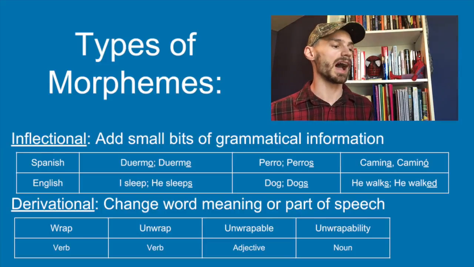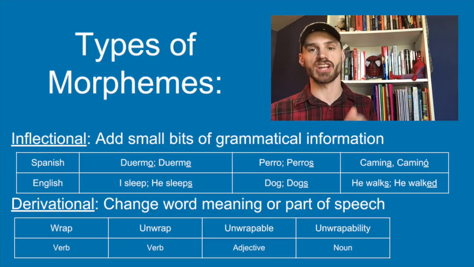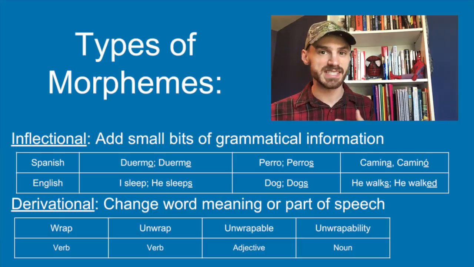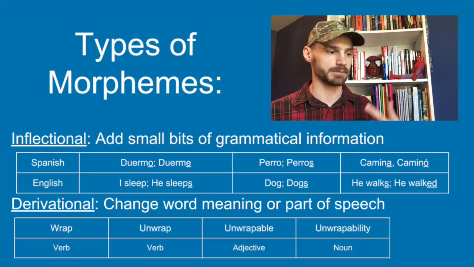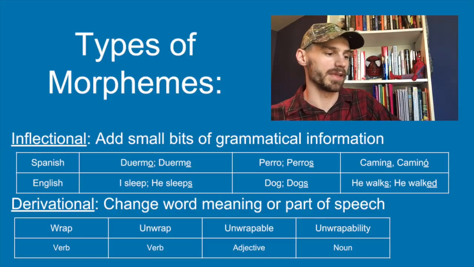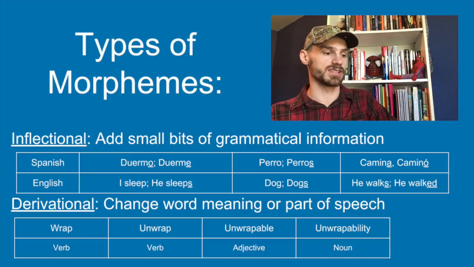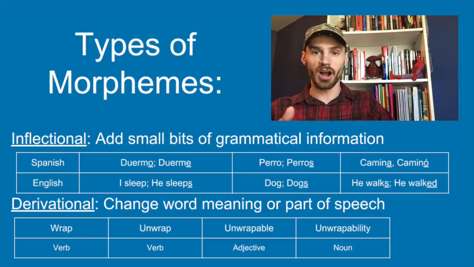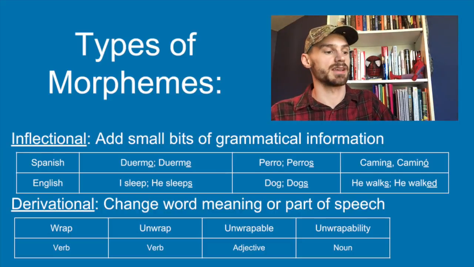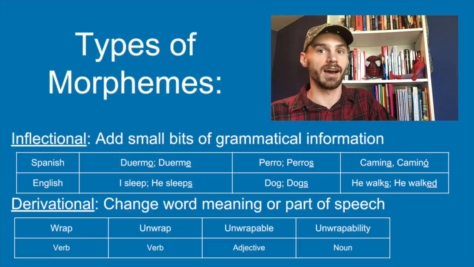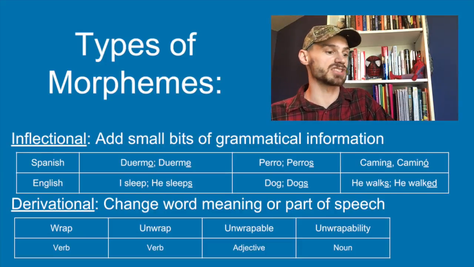So for example, I sleep changes to sleeps with that s on the end when you're talking about the third person, he. Okay? An even simpler example is the difference between dog and dogs. You might not think about it as a suffix, but that s on the end, that's actually a suffix, and that's its own morpheme.